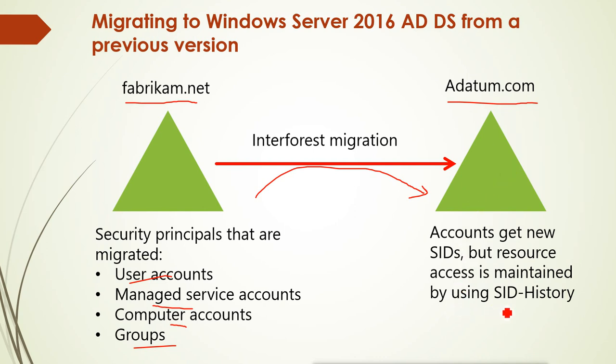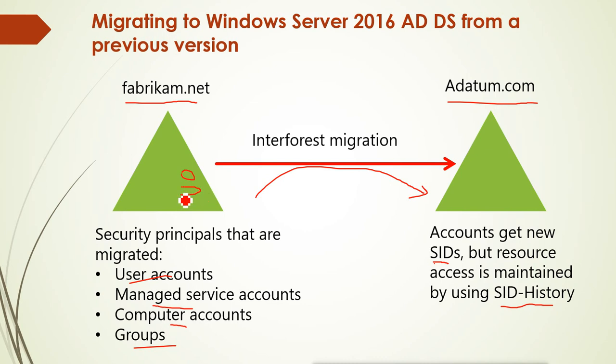When we migrate user accounts from one domain to another, they get the new SID based on the new domain, but the SID history option will be there also. Suppose we have user 1 here, who had a SID based on this domain.